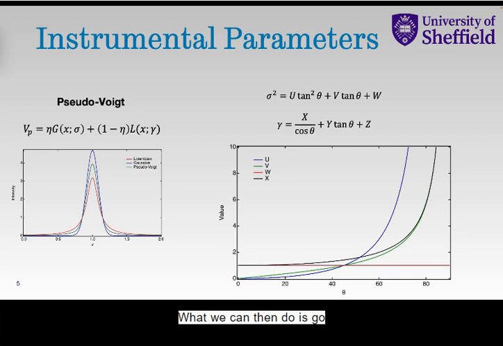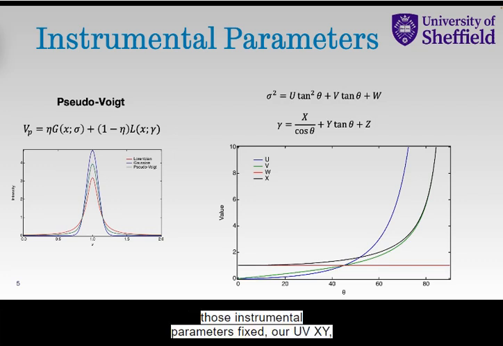What we can then do is go over to our sample that we're trying to measure, keep those instrumental parameters fixed, our u, v, w, x, y, and z, and just refine the parameters related to the sample, so the microstrain and the crystallite size broadening.